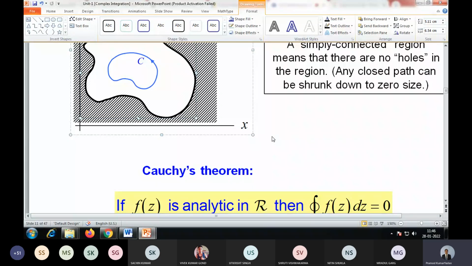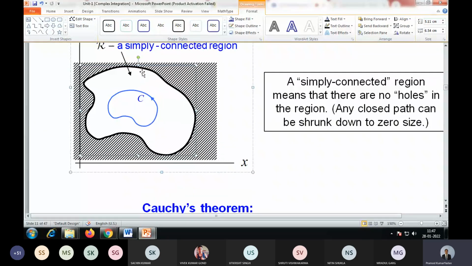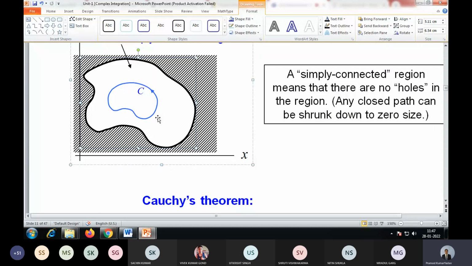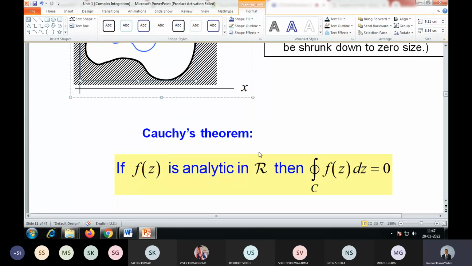Or sometimes we say that if f(z) is analytic within and on C: let R be a simply connected region and C be a closed contour in R. So if C is a closed contour in R, it means the function f(z) is analytic within and on C, then the integration of f(z) dz over C will be 0.